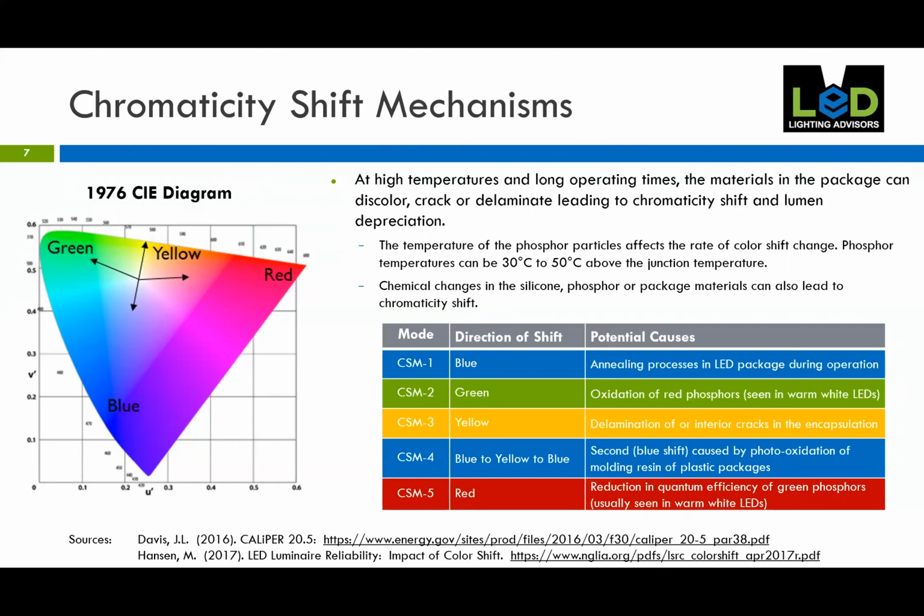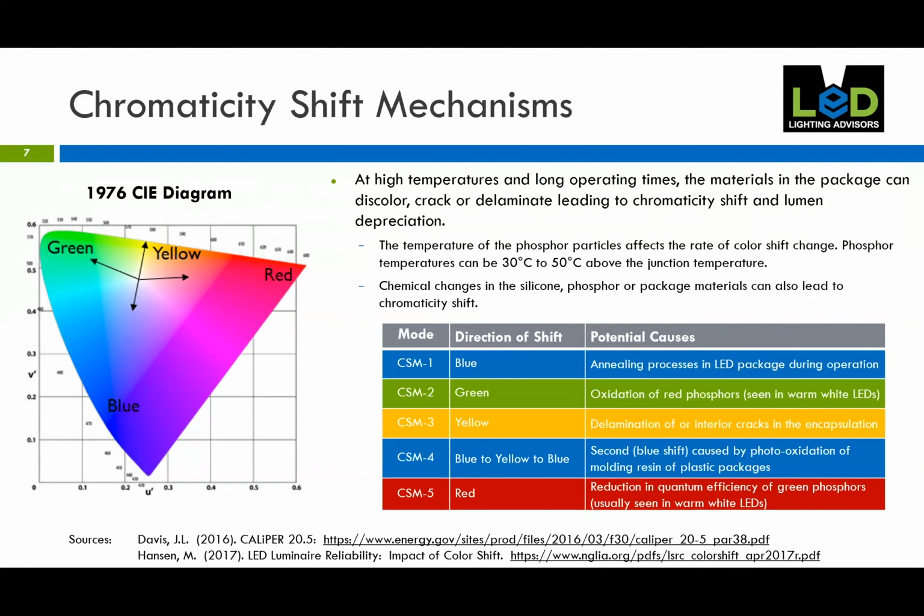So these earlier studies led us to classify most of the packages observed into these main categories in the table below. And you can see color shift mode 1 is a blue shift. Sometimes this occurs with annealing processes in the LED package during operation in the early stages of its life, but it can also occur in any packages when cracking of the encapsulant occurs and more blue light leakage happens.